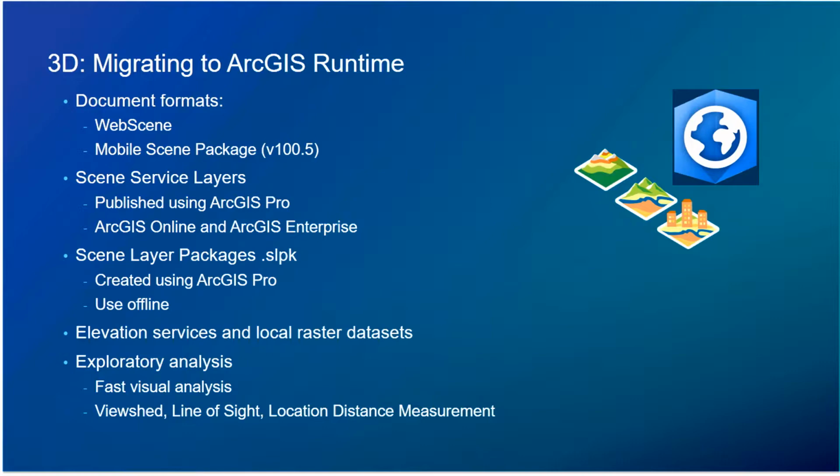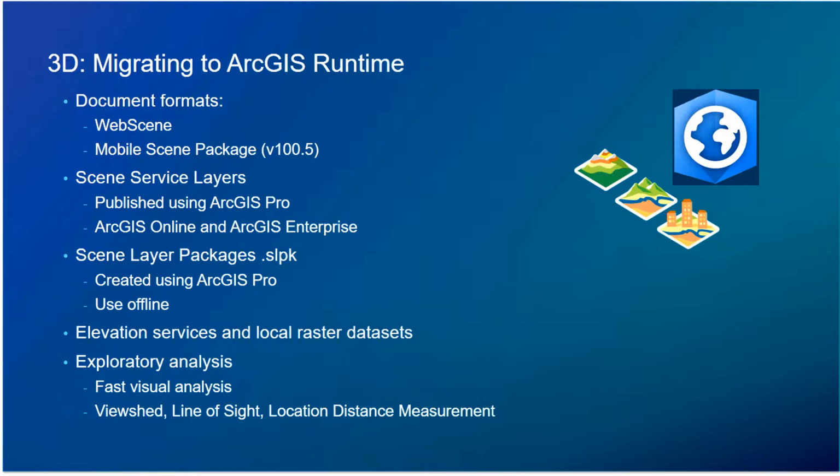And then when you're working in 3D, you obviously want some concept of elevation for your scene environment, and that can come from online elevation services, but also local raster data sets as well. And then one of the key features that we never had within ArcGIS Engine is this very fast GPU-based visual analysis.